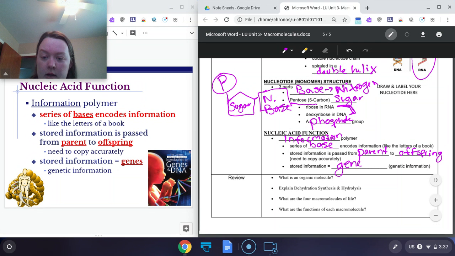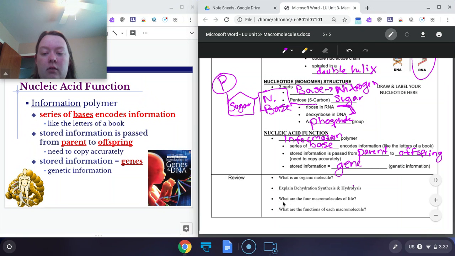Dehydration synthesis is a chemical reaction that takes away a water molecule to make a bond. So we take away water to make a bond. Hydrolysis is adding water to break a bond. So hydrolysis, adding water to break a bond.